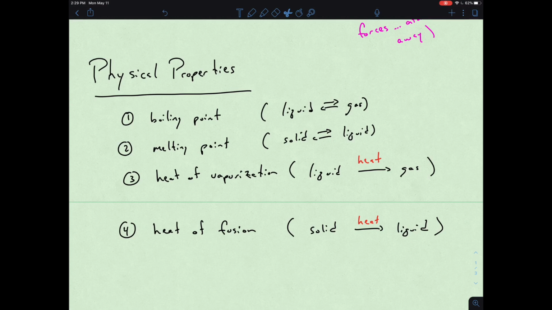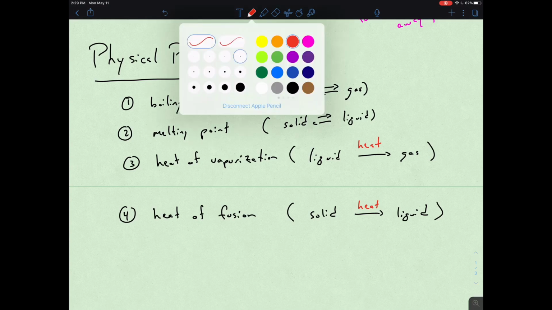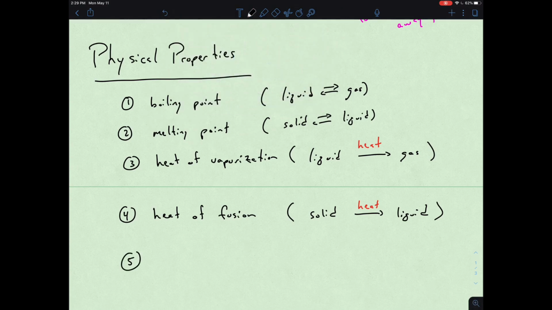some other properties that we tend to look at in terms of the connection between forces and physical properties would be viscosity. This is how fast a liquid travels. Water is less viscous than syrup.